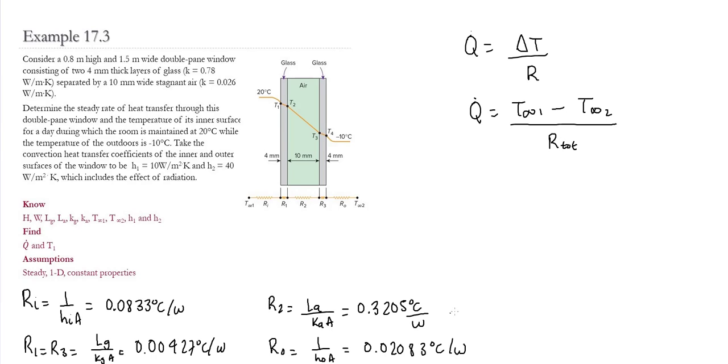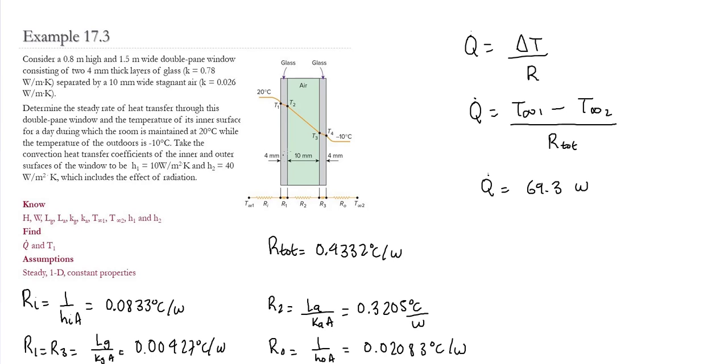If we add all these resistances, we find that the total resistance in the system is equal to 0.4332 Celsius per watt. And if we use that value, we find that the value of Q dot is equal to 69.3 watts.